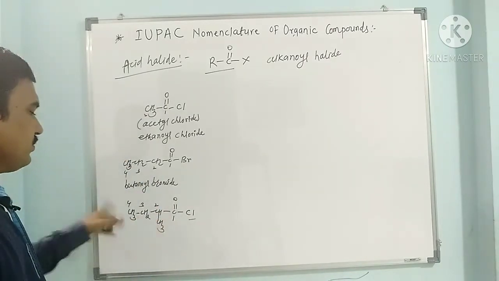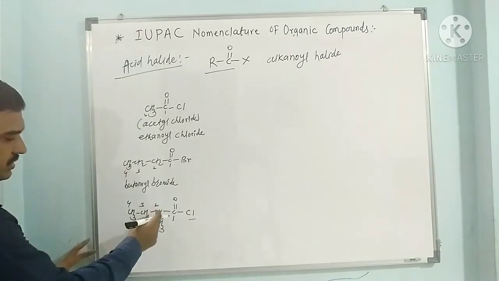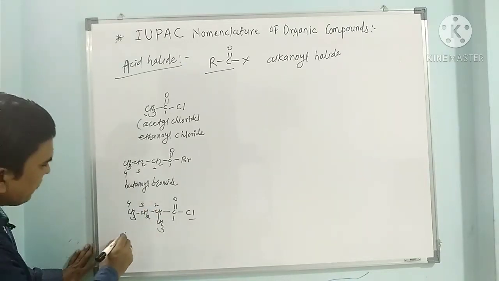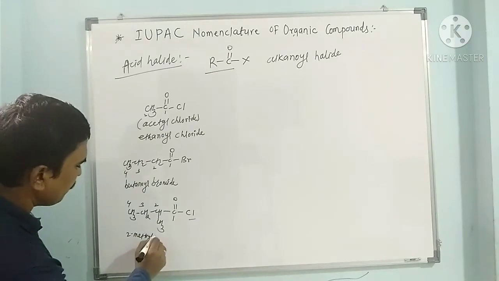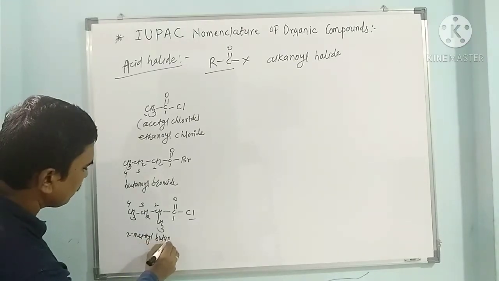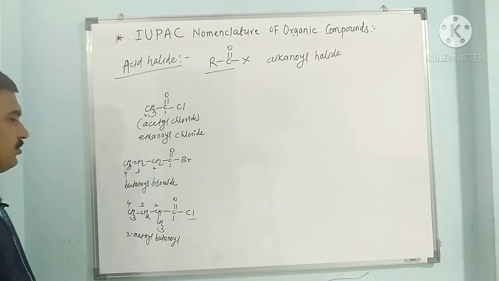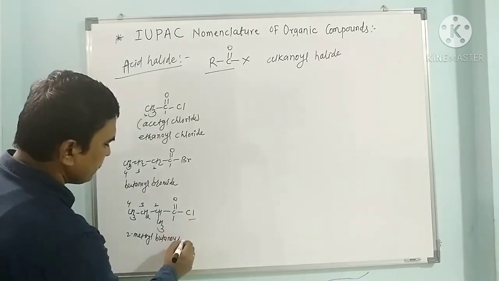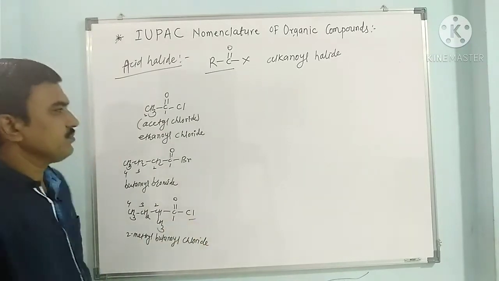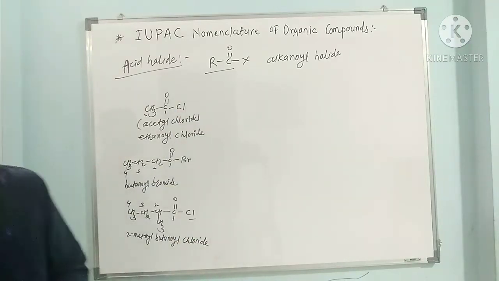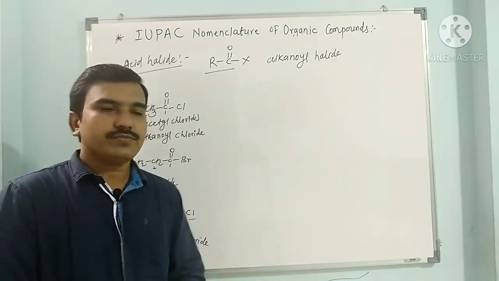So this is 1, 2, 3, 4 butanoyl, but in this butanoyl the second carbon is the methyl carbon, so it is 2-methylbutanoyl chloride. In this way acid halides are named.